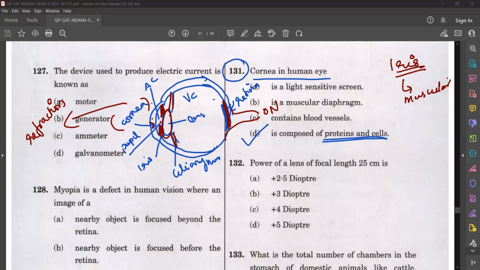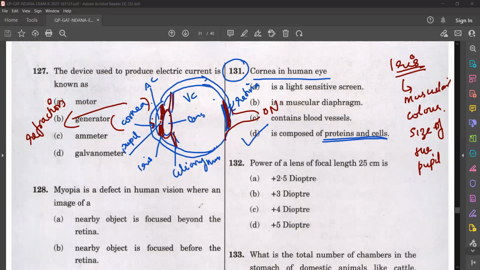When you see the eye, some people have a brown colored iris, some people have a blue colored iris. That means the iris gives the color of the eye. Now the iris controls the size of the pupil. It will make the pupil large or small. So the size of the pupil is controlled by the iris.